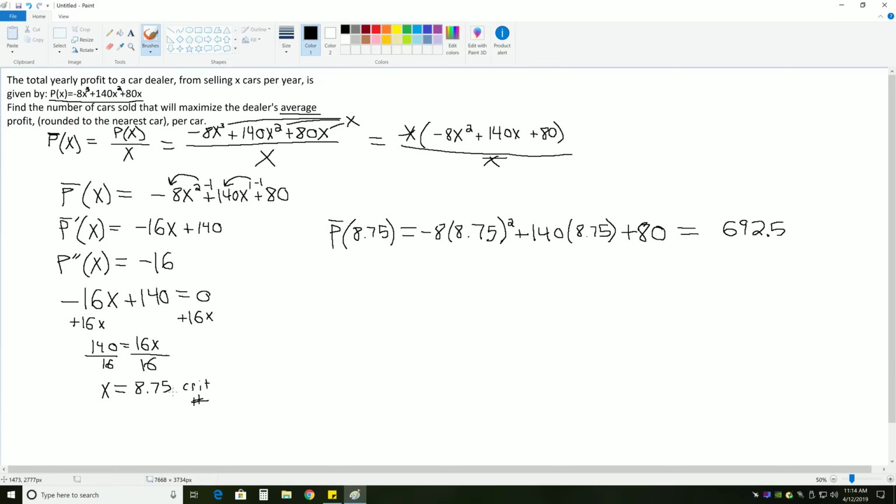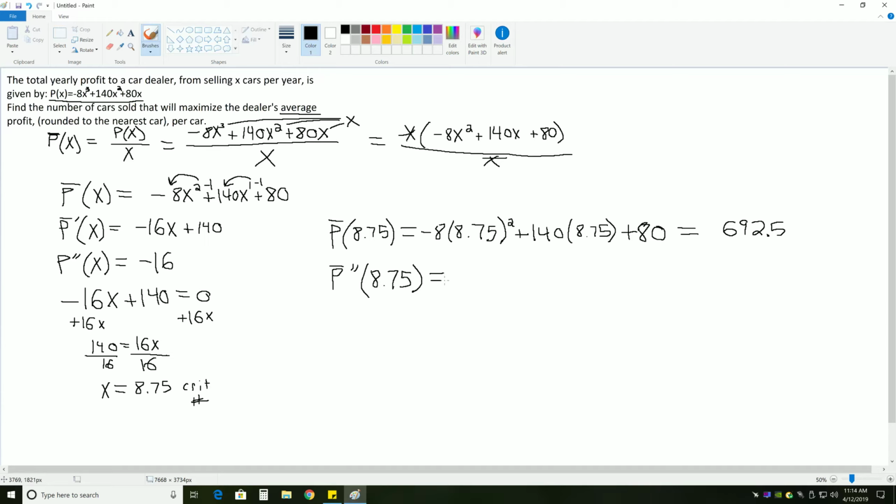So because this is a critical number, that means that at this location there will be a maximum or minimum, or possibly neither, but it gives us a testing location at least. So this is when the second derivative comes in. Remember, we call it the second derivative test because once we find our critical numbers, we test them in the second derivative.